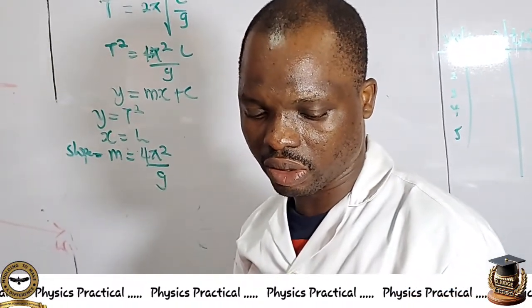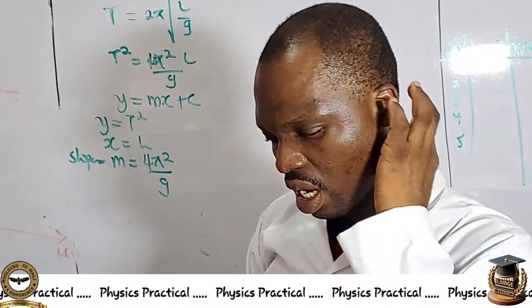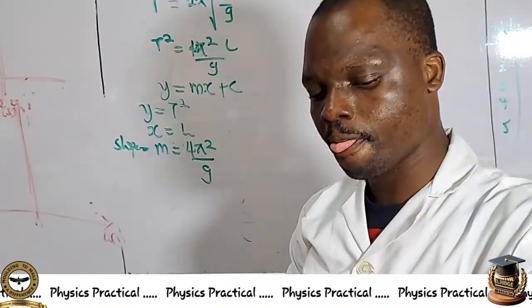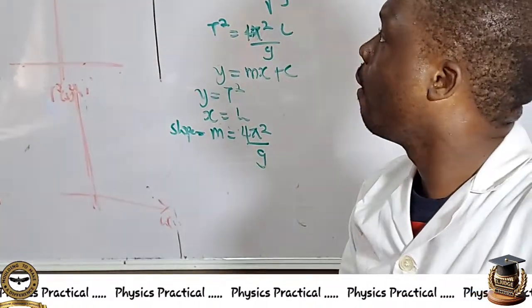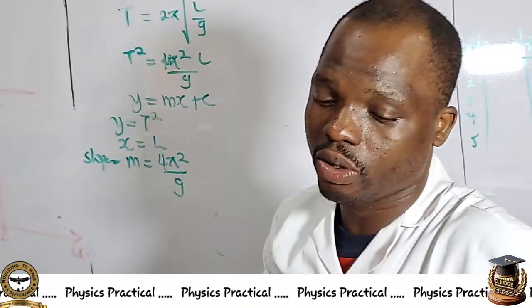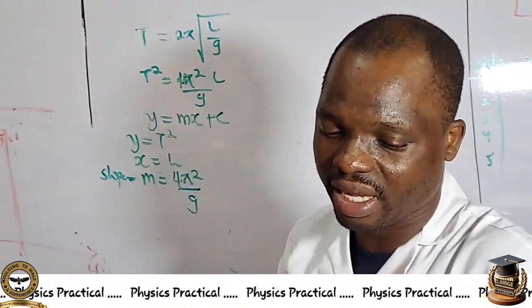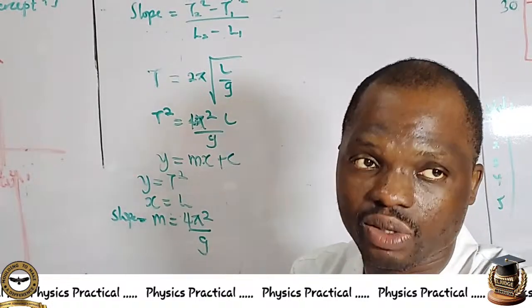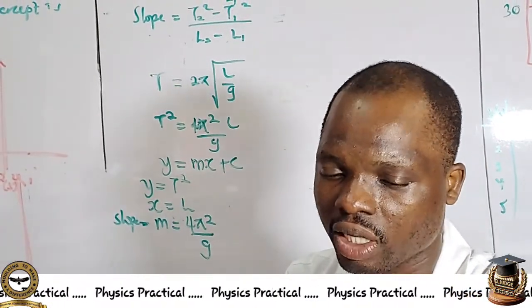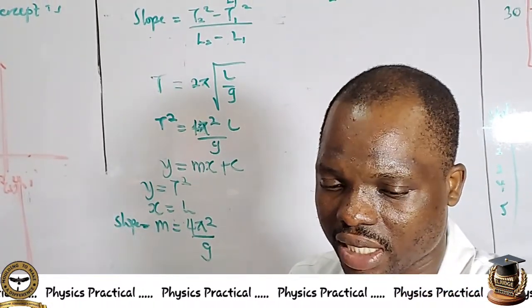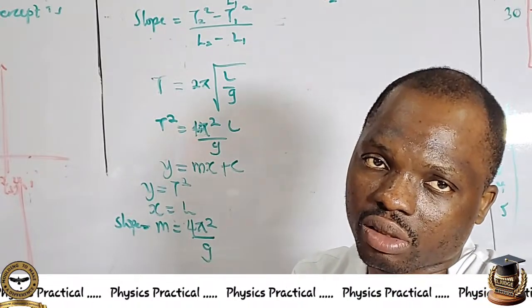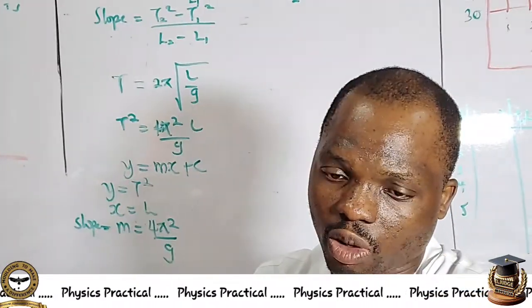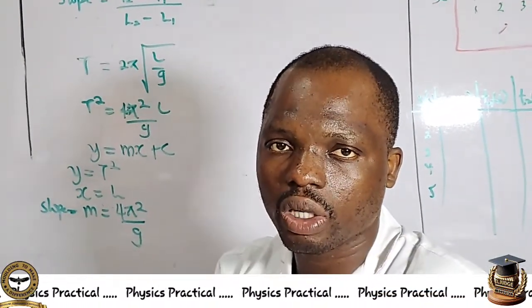Let's look at some of the precautions for the pendulum bob experiment. I'll just read. Each one has 1 mark, and you are required to state 2 precautions. Number 1, you can say I avoided parallax error in reading the stopwatch, because you are making use of the stopwatch, the clock, or the meter rule.